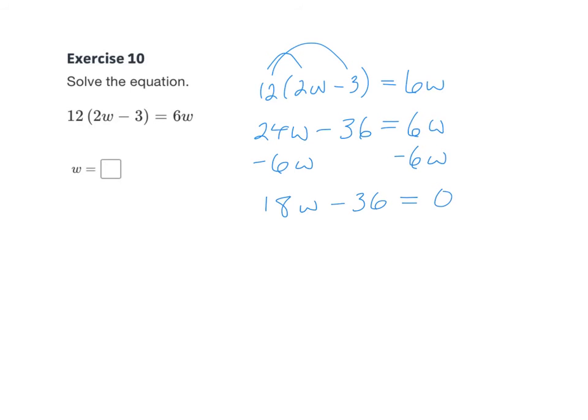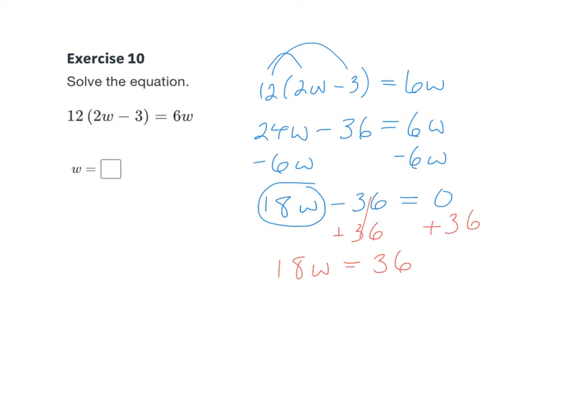Now, if we circle our term with the variable, how do we get rid of a negative 36? The inverse of subtracting 36 is adding 36. We're going to do that to both sides. So we get 18w is equal to 36.